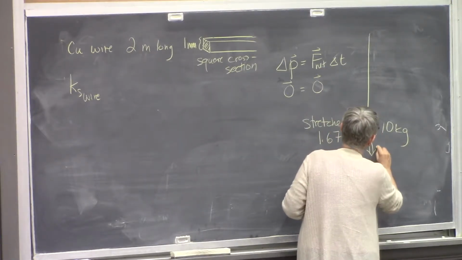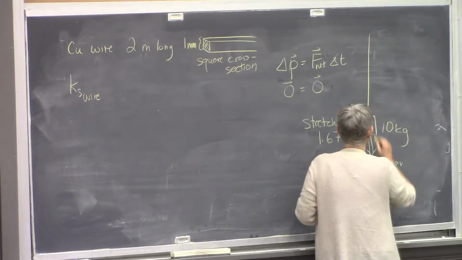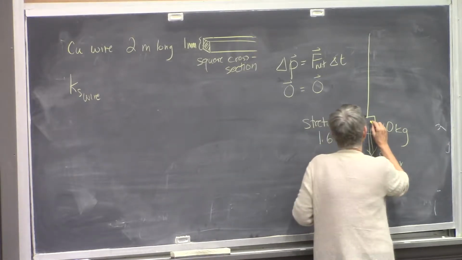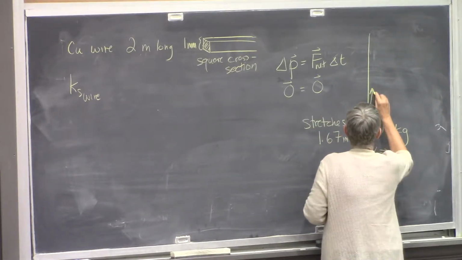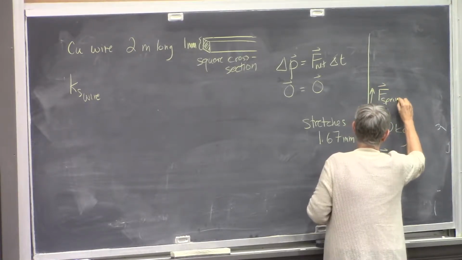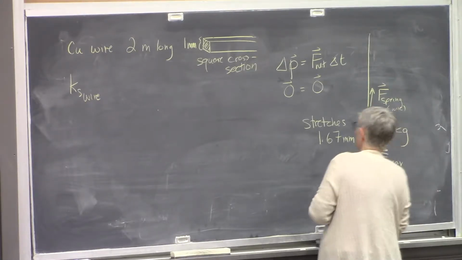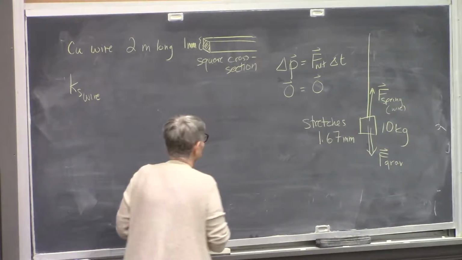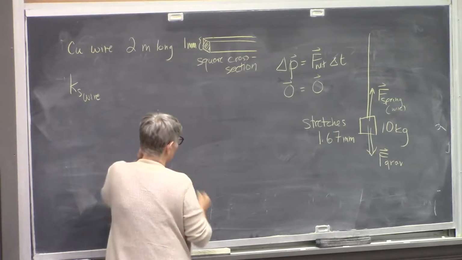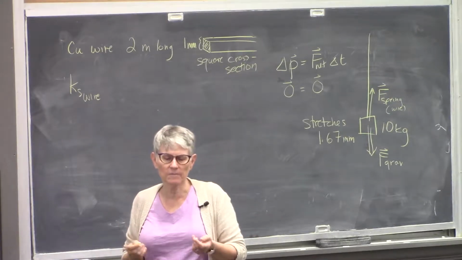And so we know there's a gravitational force down on this block. We've chosen the block as the system. There's a spring force up, which is due to the wire thought of as a spring. These two have to be equal. So we can just work with y components here, right?